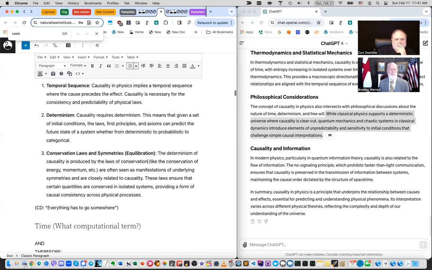Right. And yep. Both causality and determinism, right? It's both of them.